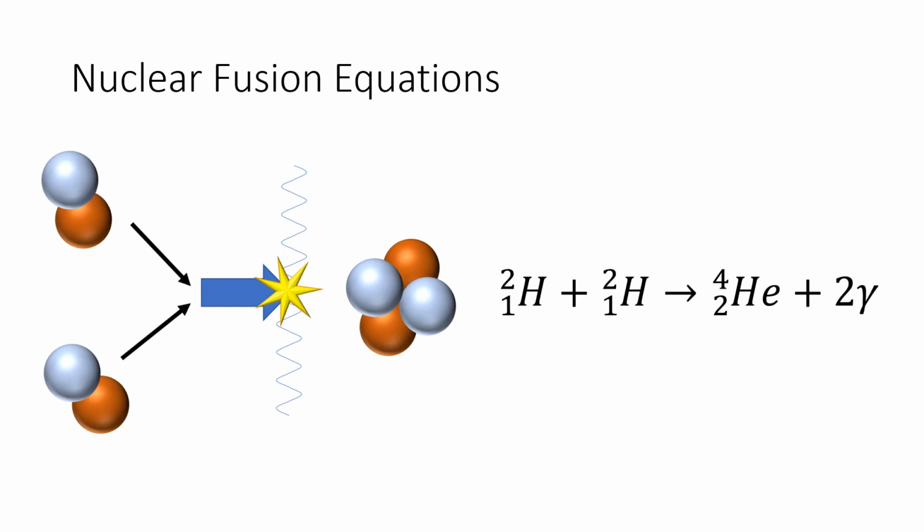So having seen this version, I would like you to copy down the diagram as well as the nuclear equation before we move on to the next slide, where I will ask you to attempt the same again. Draw the nuclear reaction and then write out the equation.